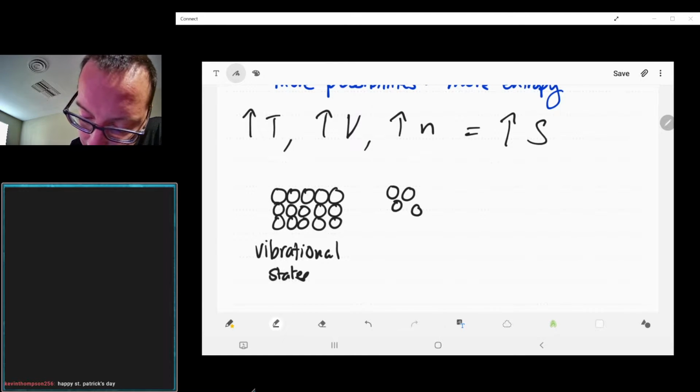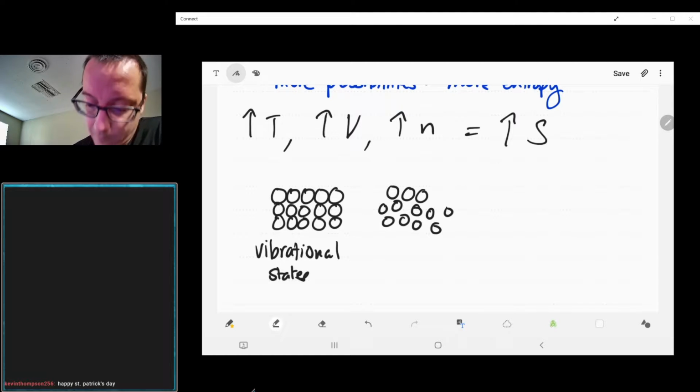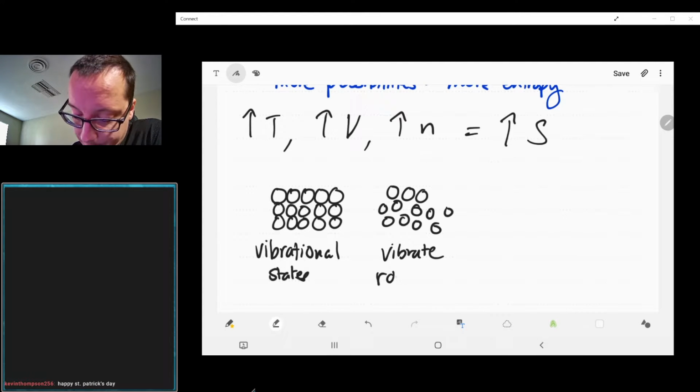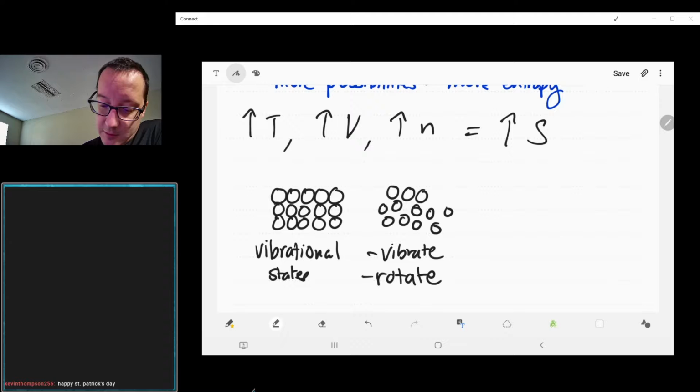Liquids not only can vibrate, but can also rotate. So they'll have different vibrational states and rotational states. So this liquid molecule, let's say, is half blue.